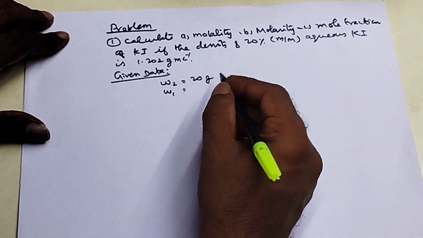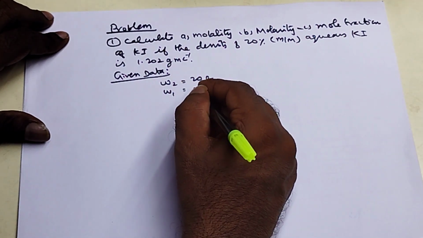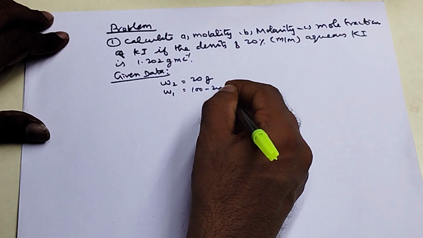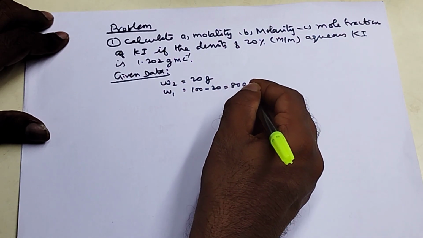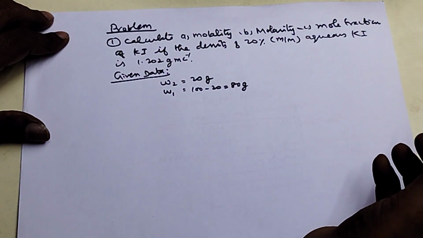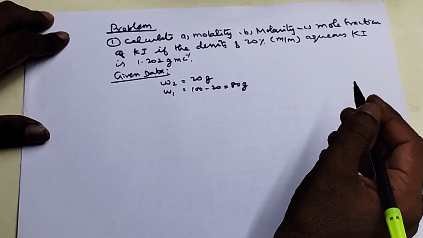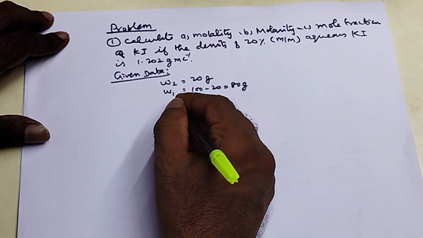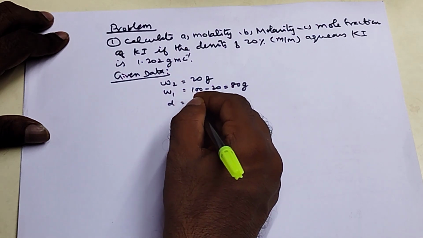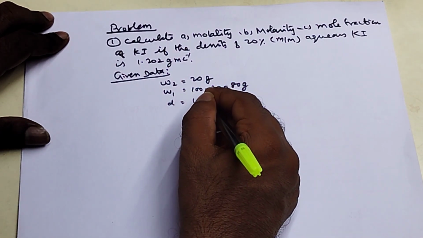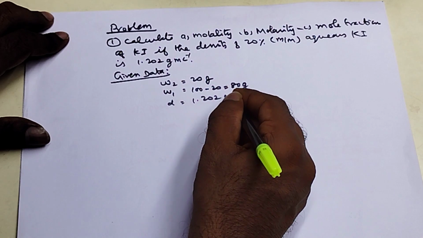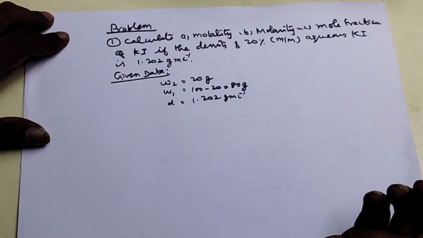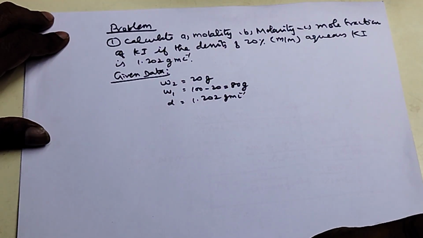It is a percentage, meaning 100, and 100 minus 20 is 80. So the mass of solvent is 80 grams. Then the density is given as 1.202 gram per milliliter.